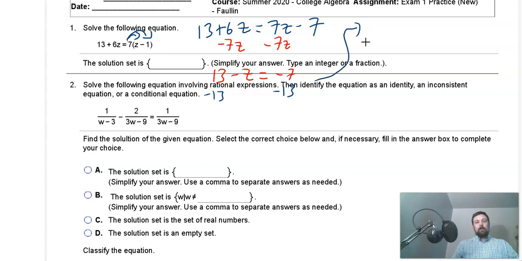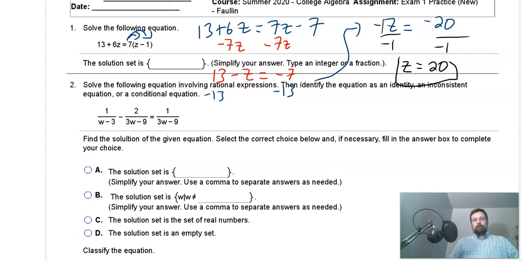So I'll continue up here, and we are going to have negative z equals negative 20. And then finally, to get z by itself, I'll divide by negative 1. So again, if you wrote the 1 there, that's fine. If not, it doesn't make a difference either way. You're dividing by negative 1 at the end, and we'll get z equals positive 20.